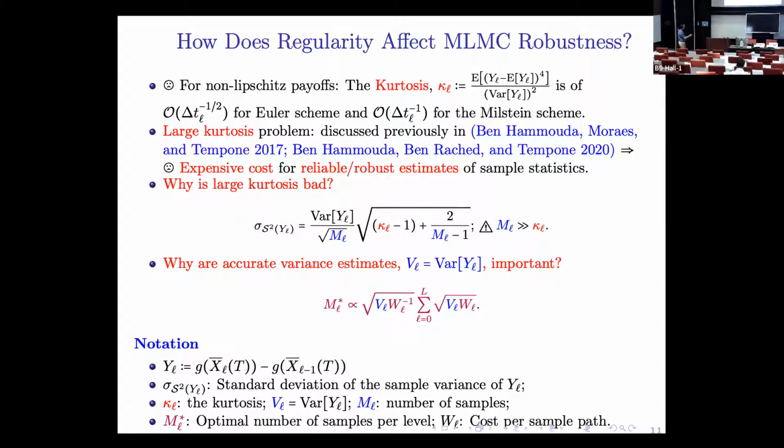This can be seen by looking at the standard deviation of the sample variance. And you see that in order to control those estimates, you need a number of samples that is much greater than the kurtosis.